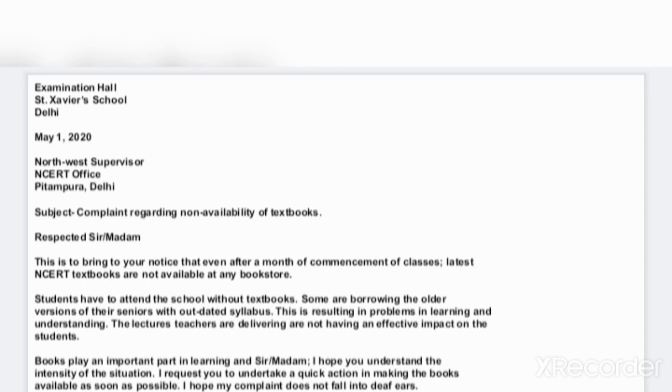Okay. Now, this is to bring to your notice that even after a month of commencement of classes, latest NCERT textbooks are not available at any bookstore. Students have to attend the school without textbooks. Some are borrowing the older versions of their seniors with outdated syllabus. This is resulting in problems in learning and understanding. The lectures teachers are delivering are not having an effective impact on the students.